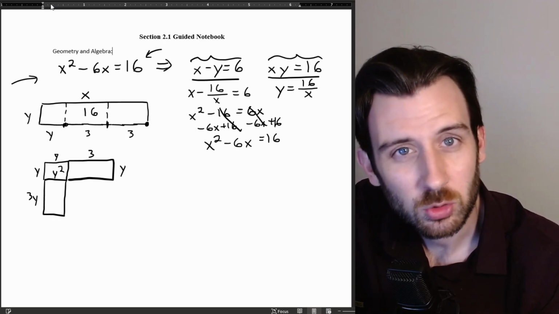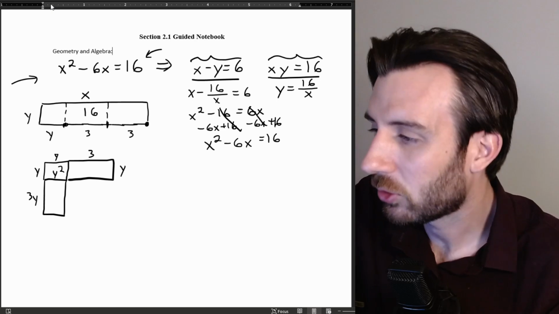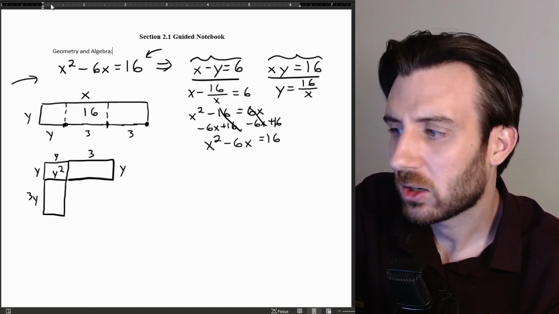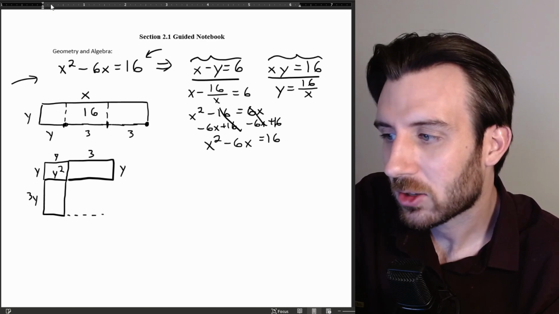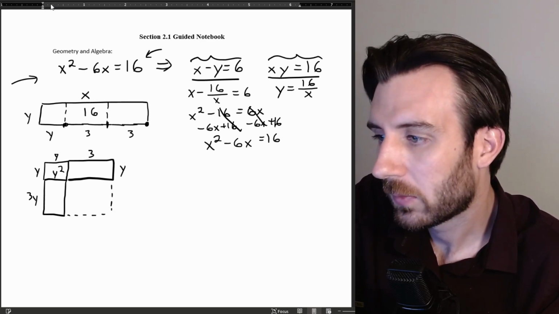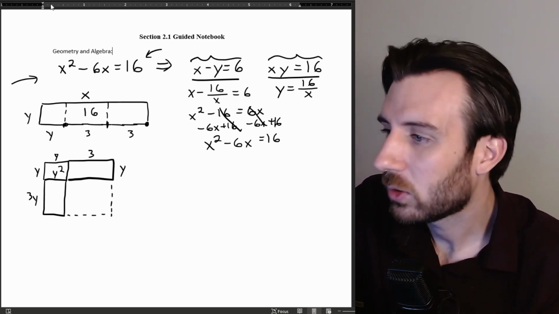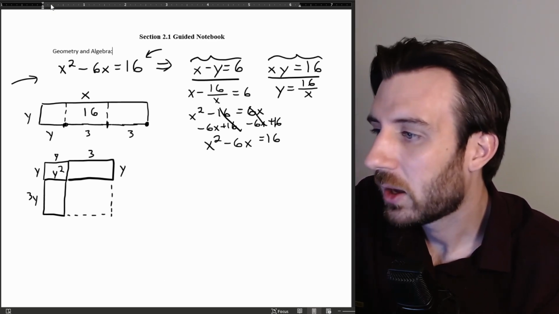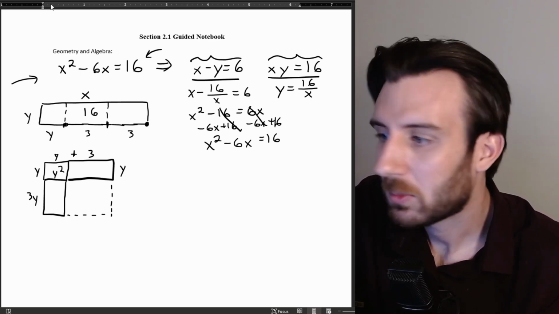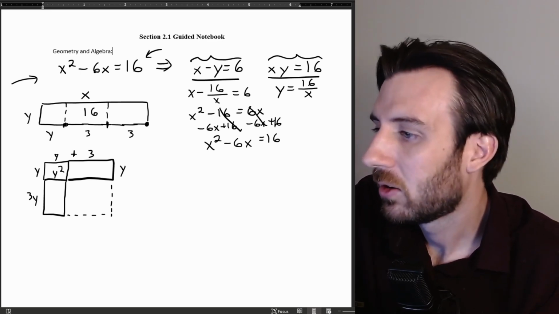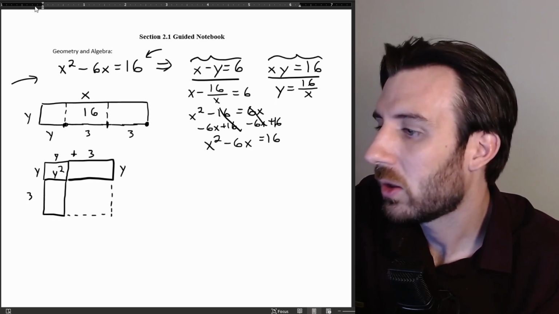So here we are, we're using just our simple lengths, and we're trying to manipulate this until I can get to some kind of resolution. We're just playing here. Well, I could recognize that perhaps I would use what I have in front of me to make a square. So what I'm really representing, using today's language, is that if I have my y and 3, my y and my 3, and down here, small typo, this should be a length of 3, this was a width of y, there we are.